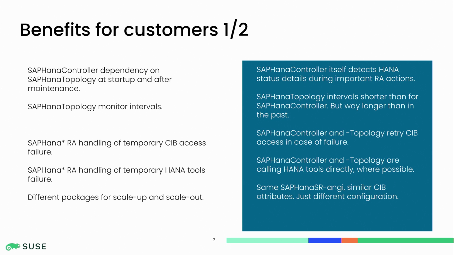That means the more often a resource agent needs to monitor something, the better is the chance to fail on something, and the higher is the load on the database. We were able to improve that. Lots of minor details have been improved, and now we have a foundation for further improvements in the future as well.